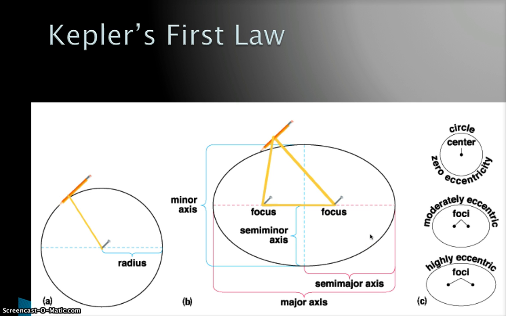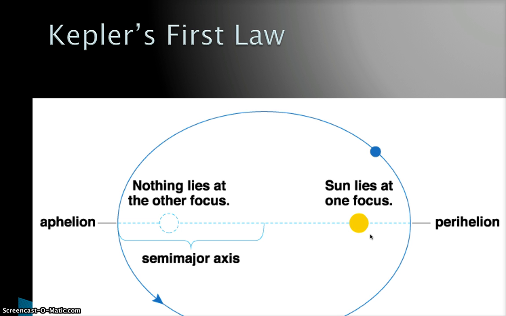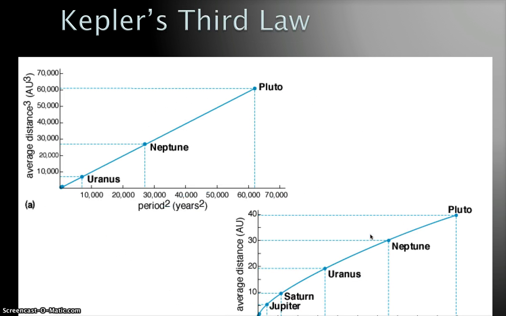So they actually are very close to being circular, but they're just not quite circular. We'll talk in another video about the first law and the second law. And the third law is a mathematical expression that you can practice solving for.